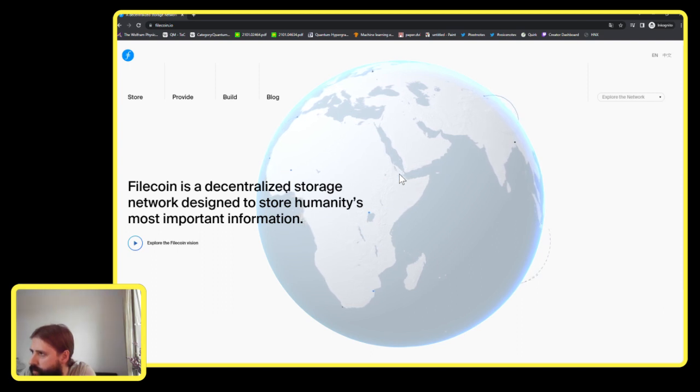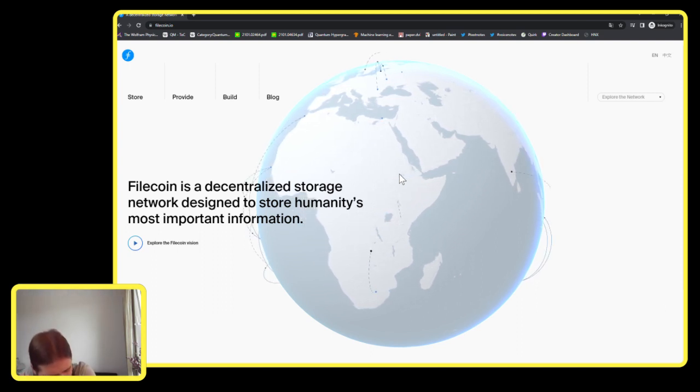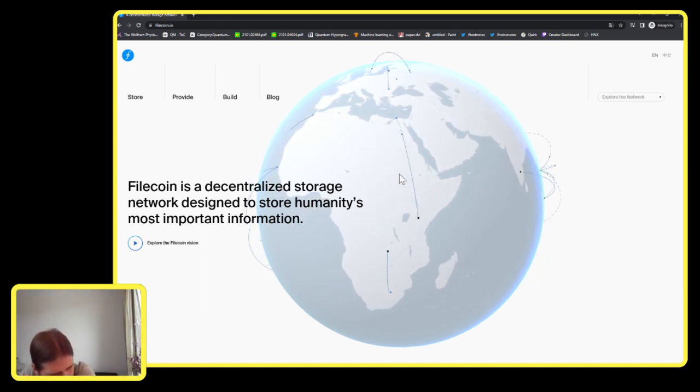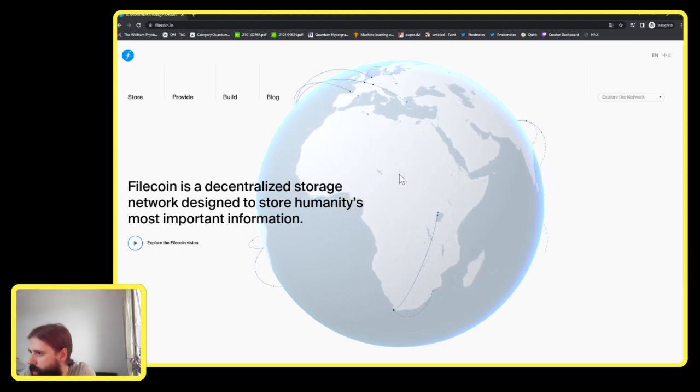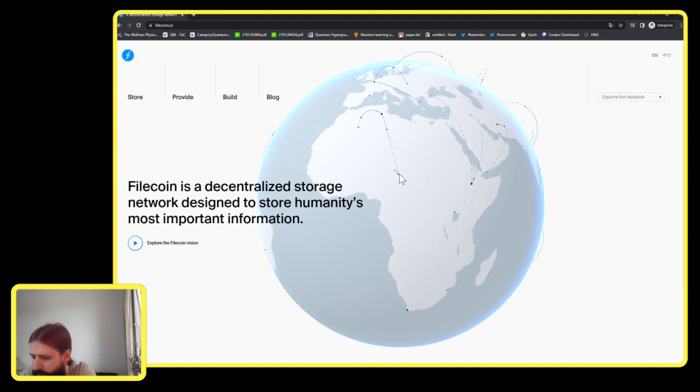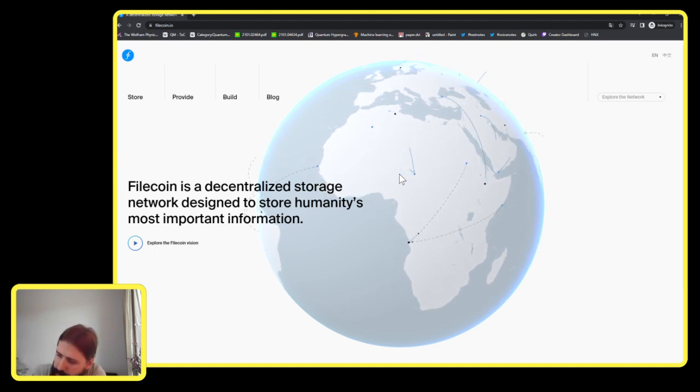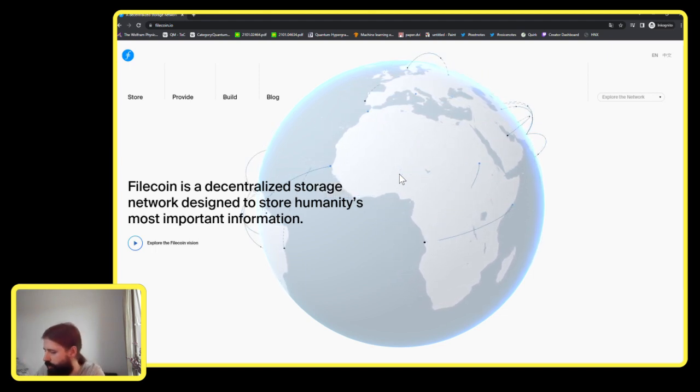But then the point is, what's the value for the consumer? What's the value for someone who wants to consume that piece of information, whether it's a machine, or a human that wants to download the data set?